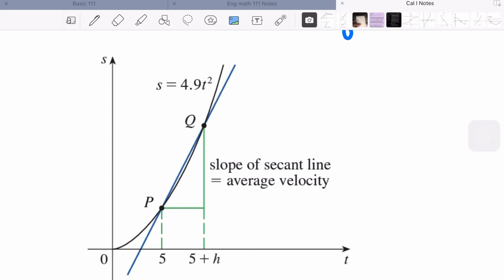What is important here is that the secant line is our average velocity. What we want is the tangent line. So we are going to move q closer, which means the interval is getting smaller.